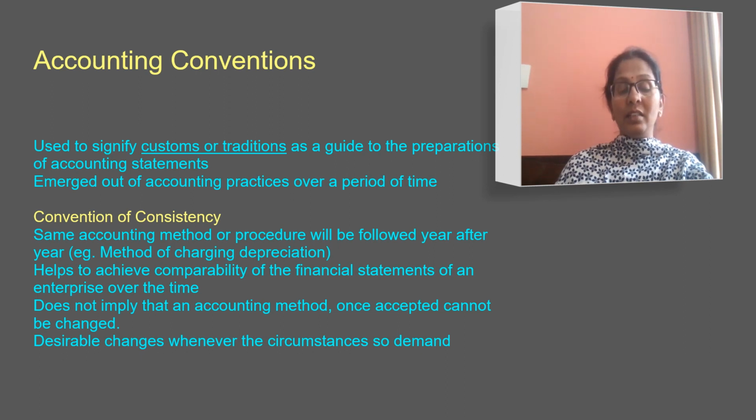Interpretation and comparison can be done properly only when we have consistency regarding the methods that we adopted in recording some of the transactions like the depreciation or finding the cost of inventory.